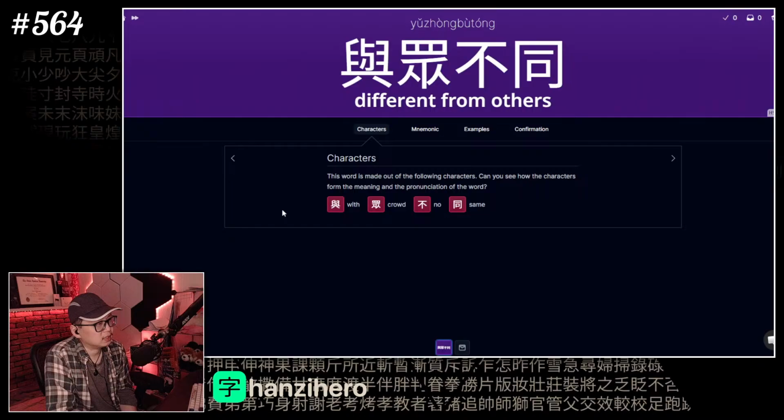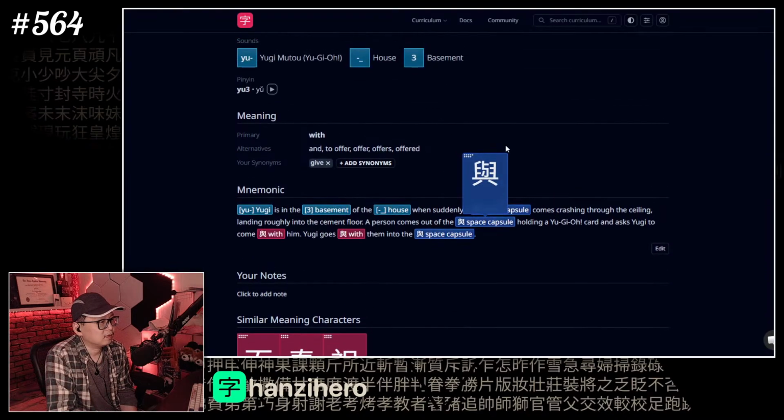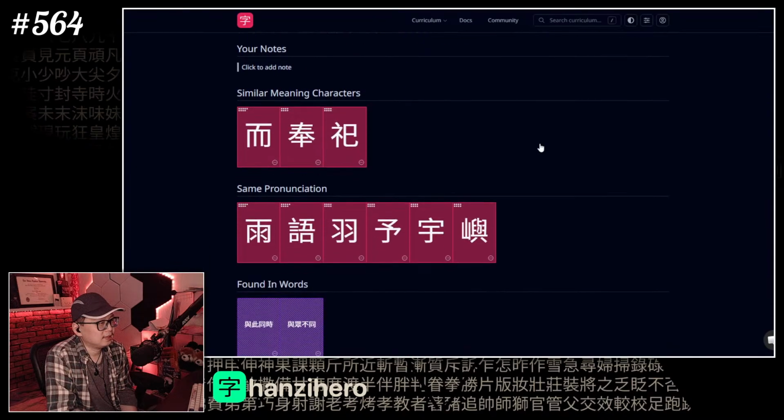What was this originally? Maybe like a company or related? Oh, maybe bestow or something. I don't think it's with. So 众 is a crowd, 不同 is not the same. So different, not so different from the crowd, but with. I don't think it's with that I originally had. Did I?